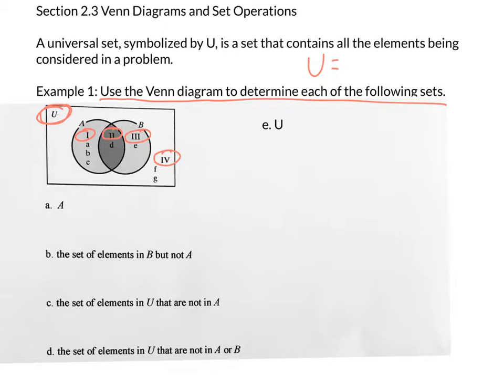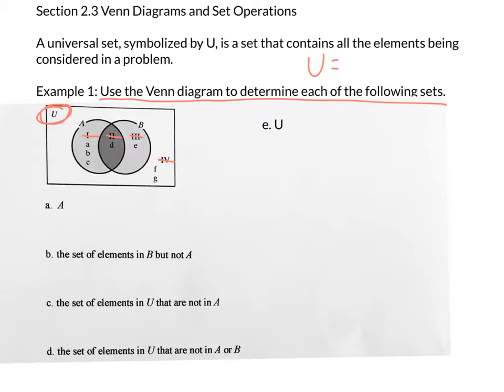The Roman numerals are not elements. So when they're asking you to type elements, please ignore the Roman numerals. I'm going to put a slash through them. So the actual elements are little a, b, c, d, e, f, g.